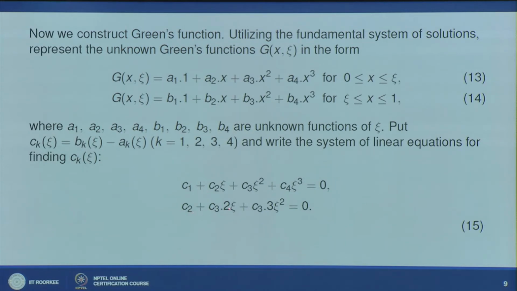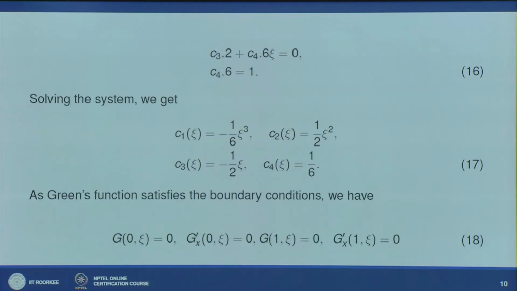Second, C2 plus 2 C3 xi plus 3 C4 xi square equal to 0, where I am assuming that G dash is continuous at x equal to xi. Similarly, here I am using that G double dash is continuous at x equal to xi, and the last condition shows the jump condition, that the third derivative of G with respect to x has a jump of 1. So C4 equal to 1.